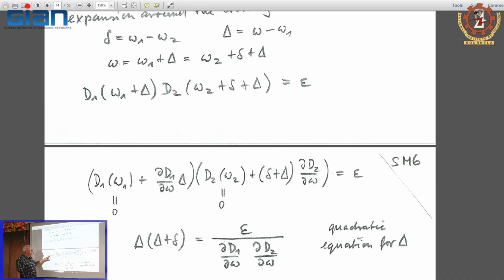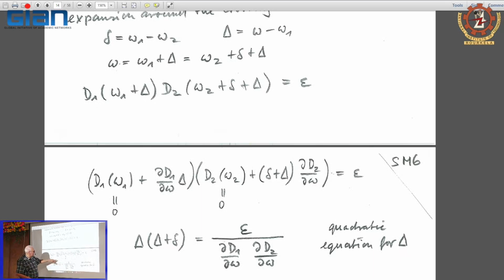Now d1 of omega 1 and d2 of omega 2 are 0 simultaneously because we are expanding around a crossing of two modes. Then we are left with a quadratic equation for capital delta, measuring the difference between the final value of the frequency and omega 1.